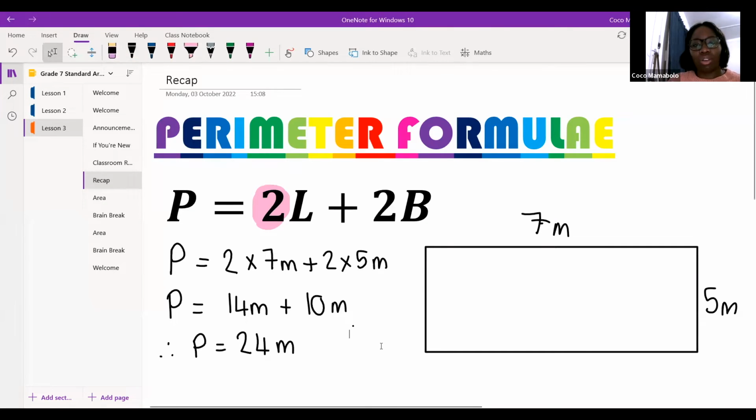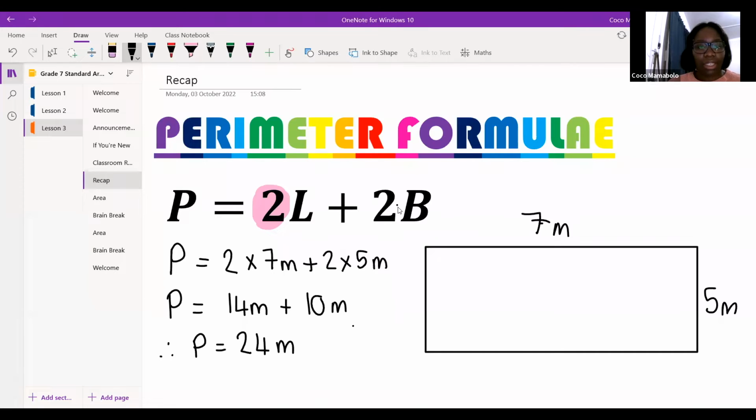I know some of you were not here, but I am going to ask either way. Can I get a thumbs up, thumbs down? Do we understand how to use the perimeter formula? The reason I ask is not because you can't easily calculate the perimeter of a rectangle by adding all the sides together, like 7 plus 7 plus 5 plus 5.